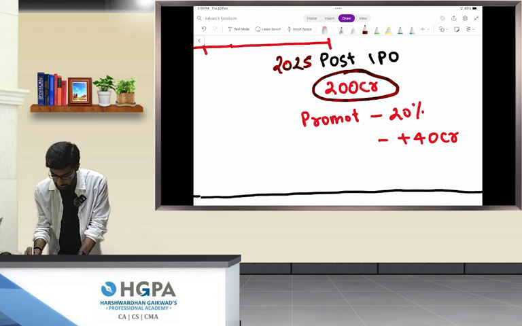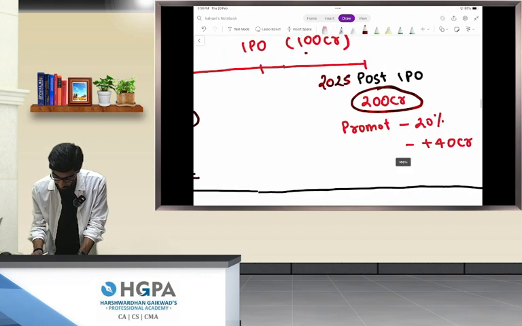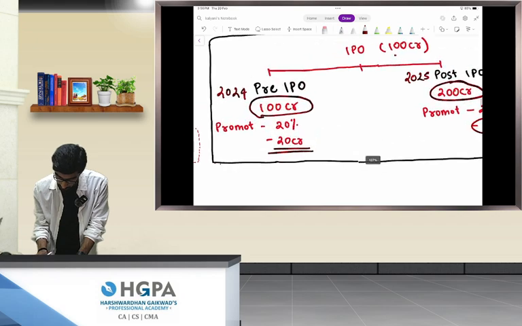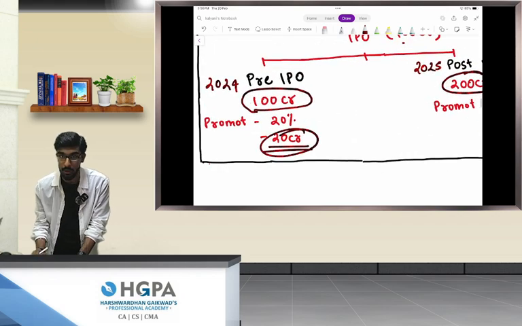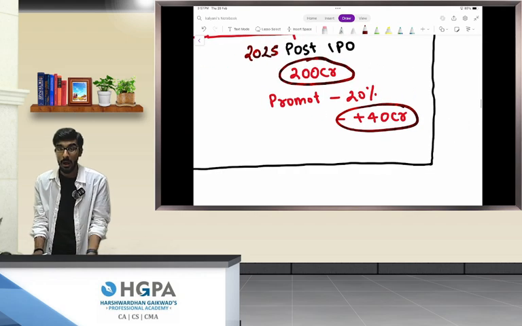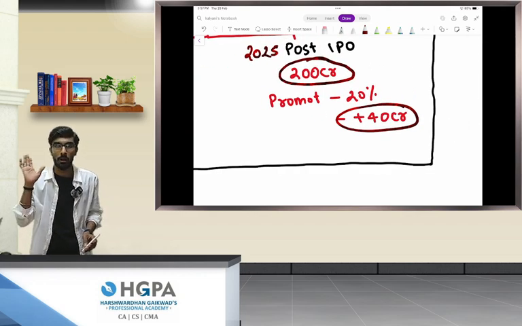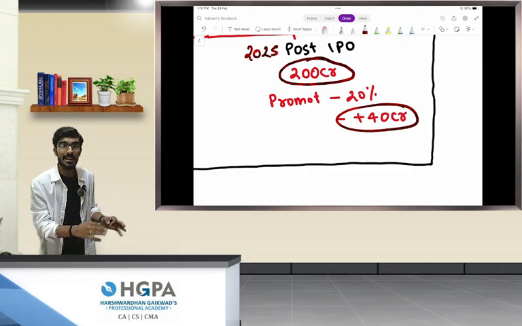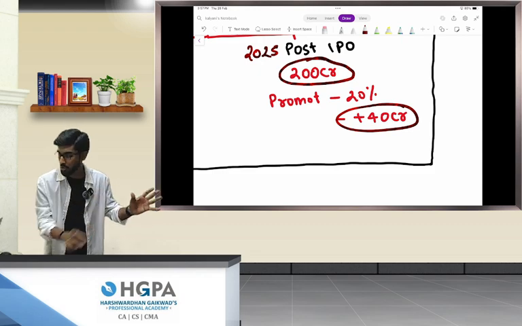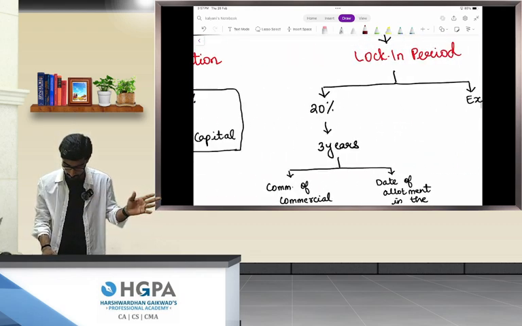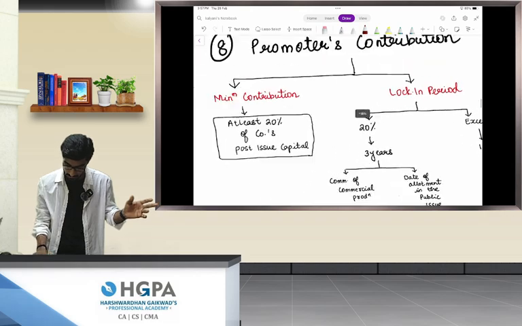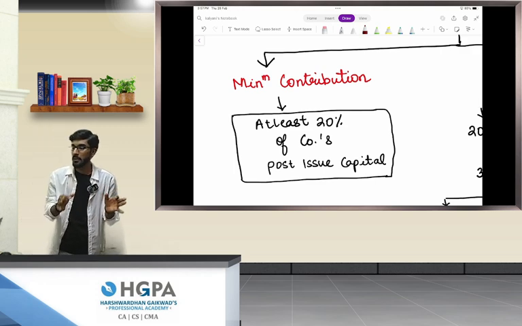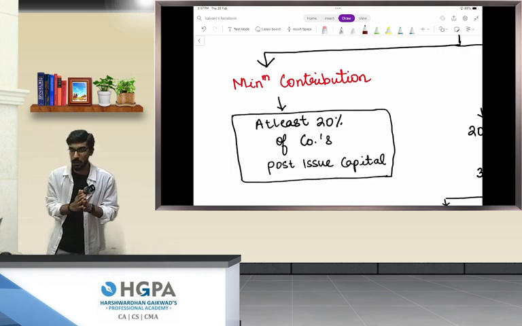That is, they have to contribute 40 CR, correct? Already 20 CR they have contributed. Now another 20 CR they have to contribute. This is what the rule is saying. Promoters should contribute at least 20% of post-issue capital. Clear? Minimum promoters' contribution is at least 20% of the company's post-issue capital.